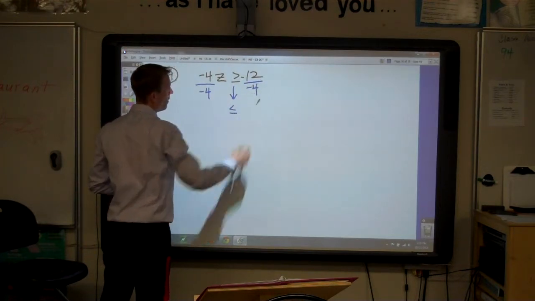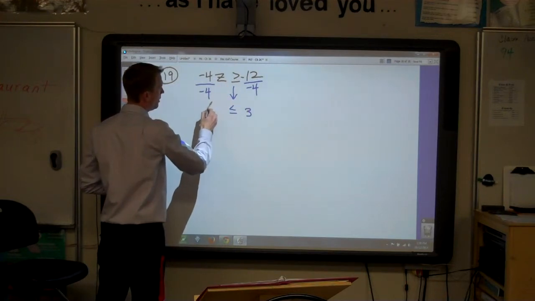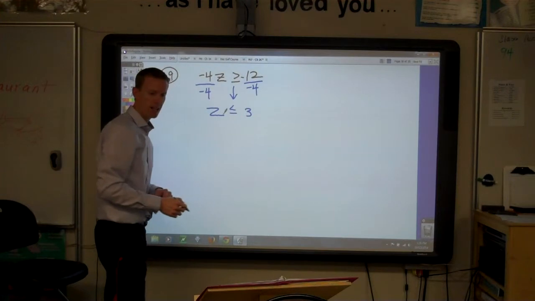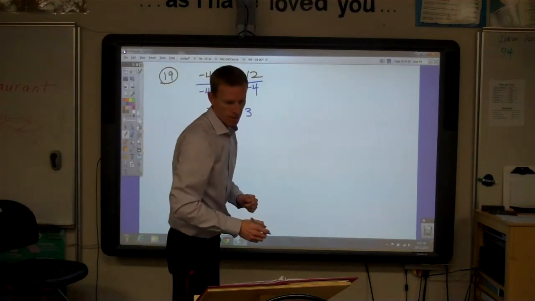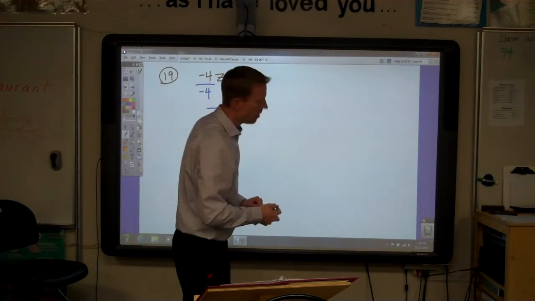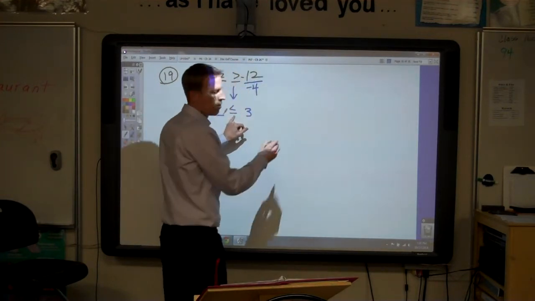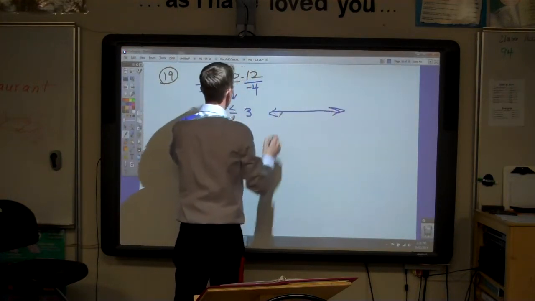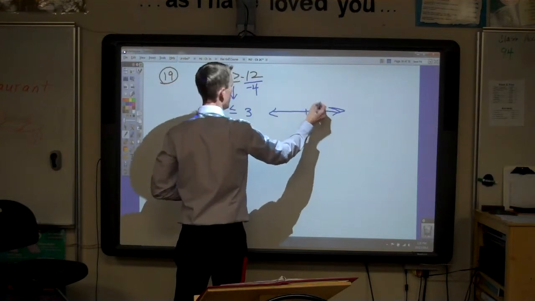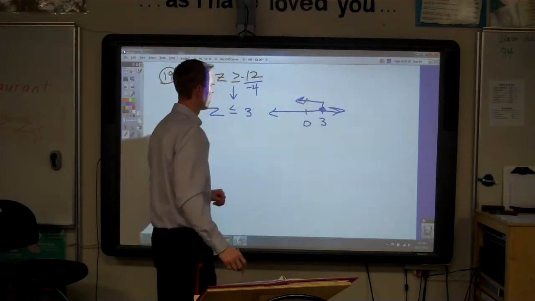Divide by negative 4 on this side, that makes positive 3. So 1z is less than or equal to positive 3. Then, to graph this, we have to mark 3, solid dot, and z is less than 3.